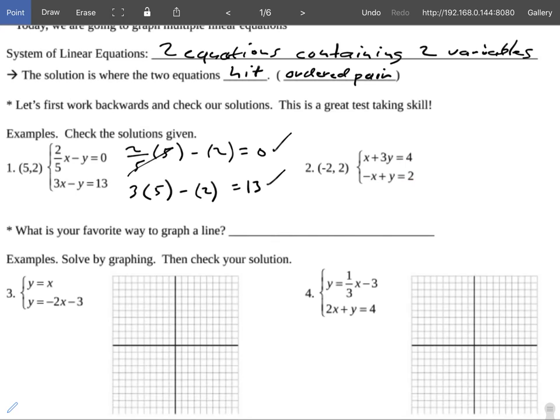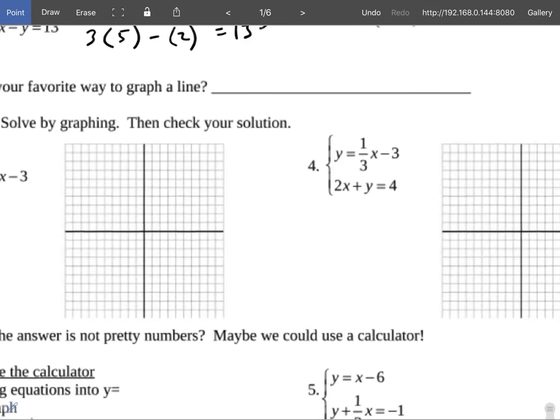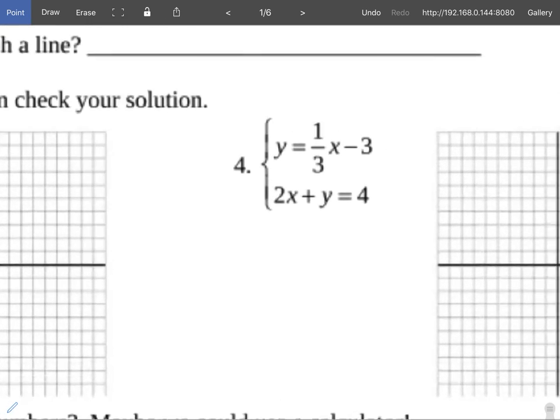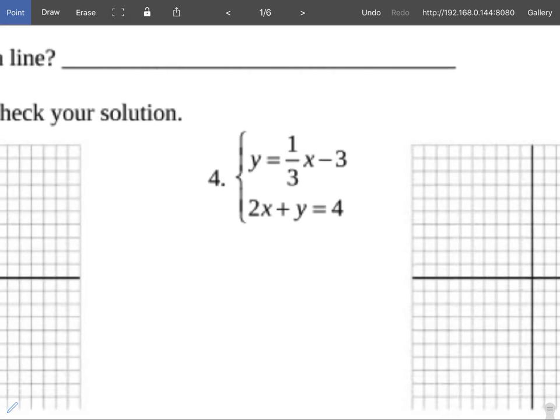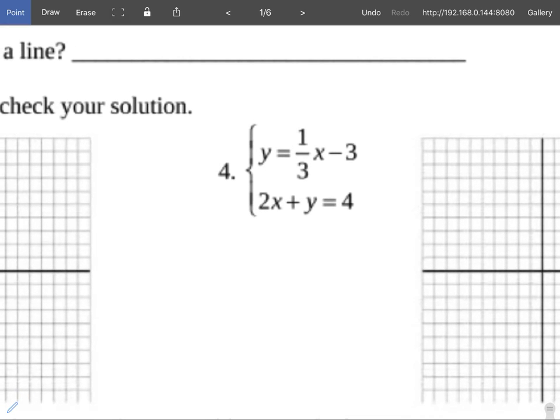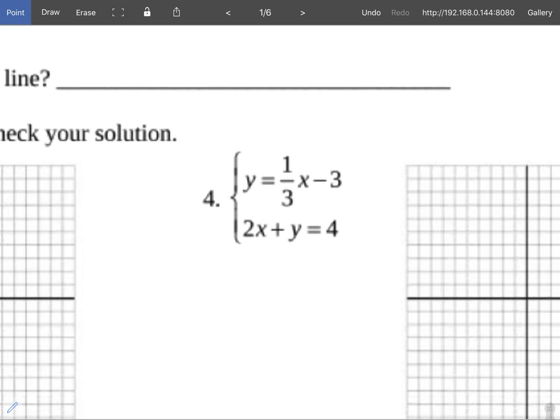All right, so now to graph the lines, let's fill in this blank. It says, what's your favorite way to graph a line? So it's kind of up to you guys which method you want to use. You could use slope-intercept, which is your y equals mx plus b.